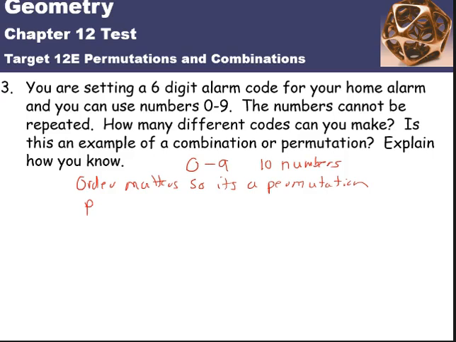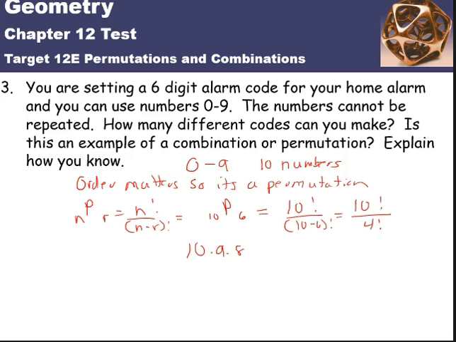And remember, the formula for a permutation nPr is n factorial over n minus r factorial. So we have the permutation of 10 to 6. So this would be 10 factorial over 10 minus 6 factorial. So 10 factorial over 4 factorial.